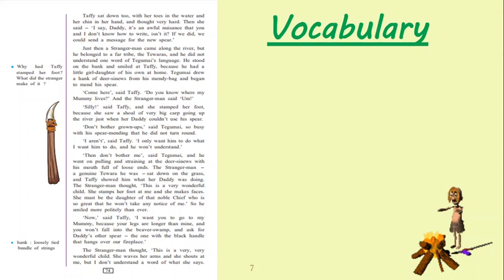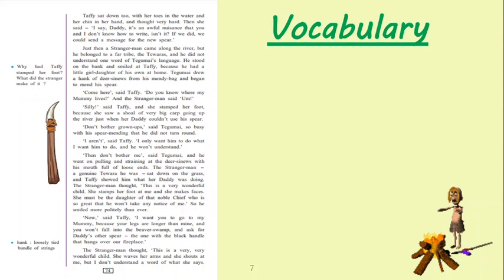"Come here," said Taffy. "Do you know where my mummy lives?" And the stranger man said, "Silly," said Taffy. And she stamped her foot because she saw a shoal of very big crab going up the river just when her daddy couldn't use a spear.